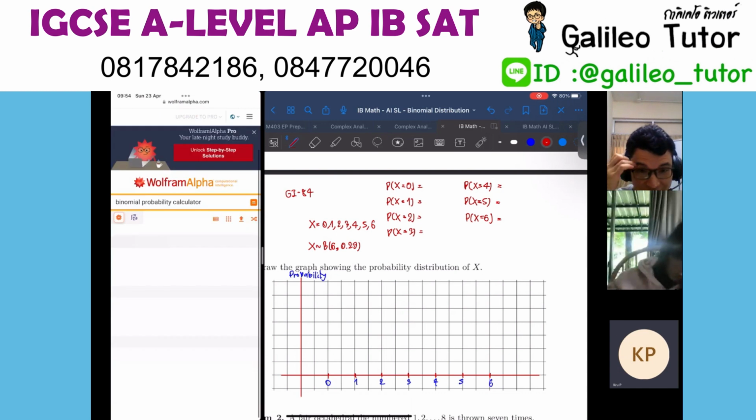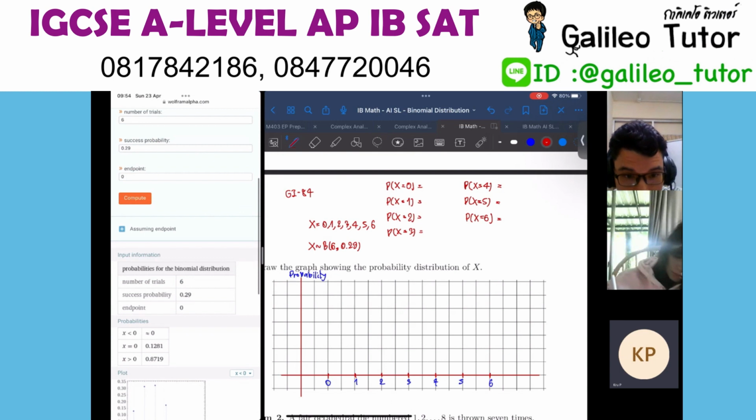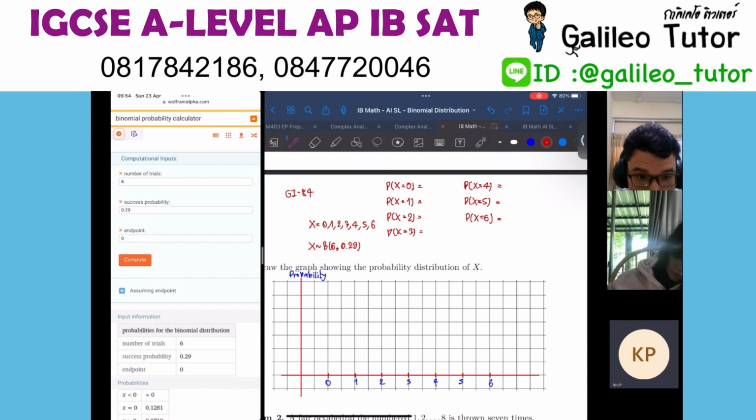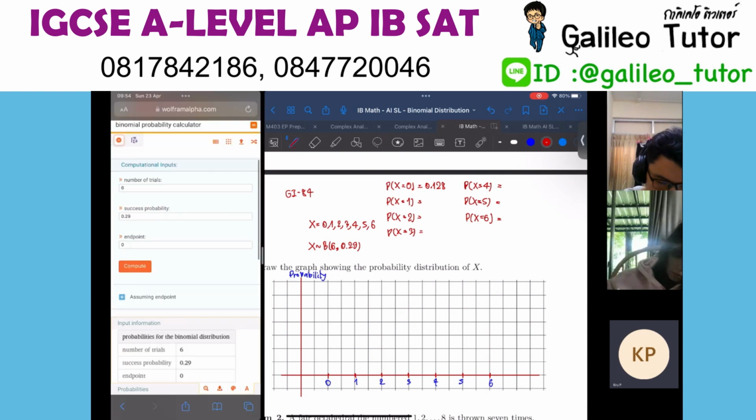Okay, you're calculating very fast. When x equal to 0, the number of trials is 6. Mine is 0.128. The probability is going to be 0.128, right?